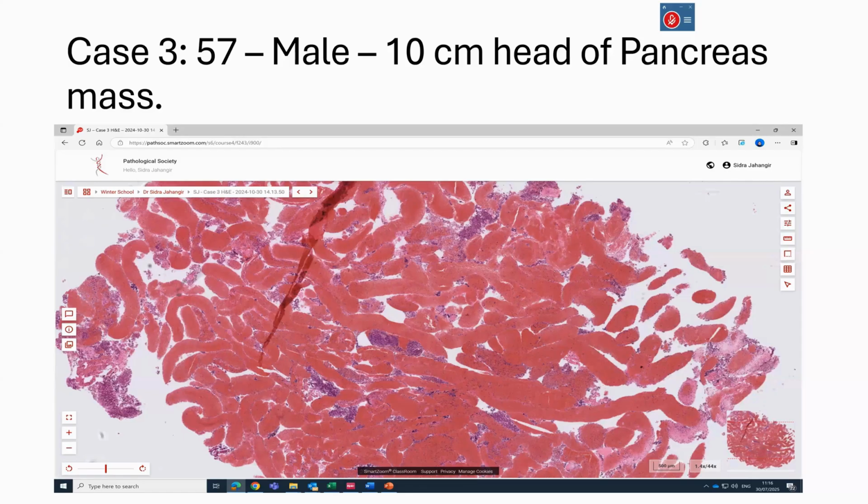Case 3, again, a male patient, mass in the head of pancreas. So you can appreciate from this low power how precious the lesional material is. This is a day-to-day scenario.